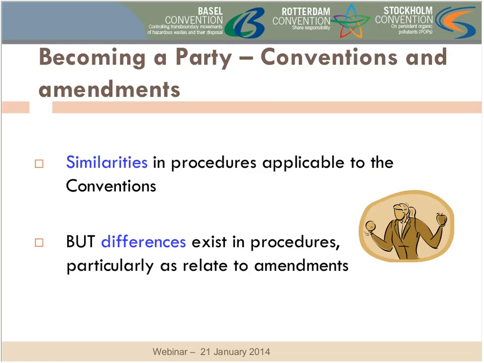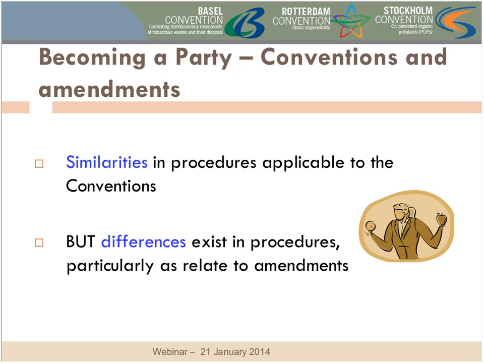There are similarities in the procedures applicable to the conventions and becoming a party to the conventions, but differences do exist in the procedures, particularly as they relate to amendments. And the instruments that would be used in terms of expressing consent to be bound by an amendment to the convention or to the convention itself would be similar.